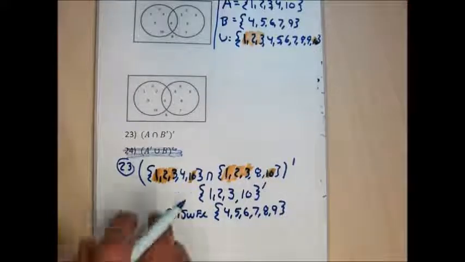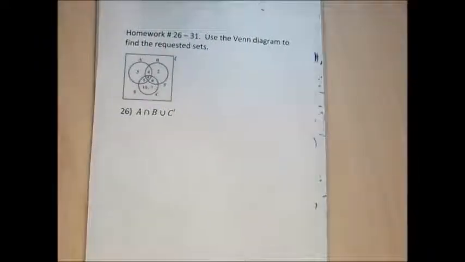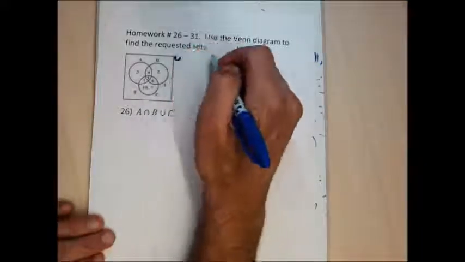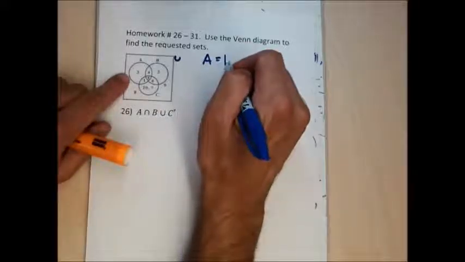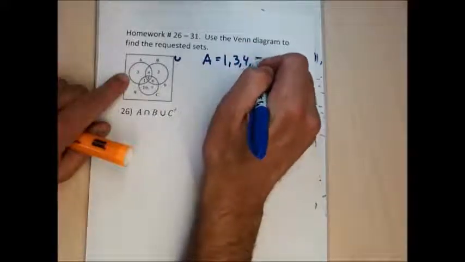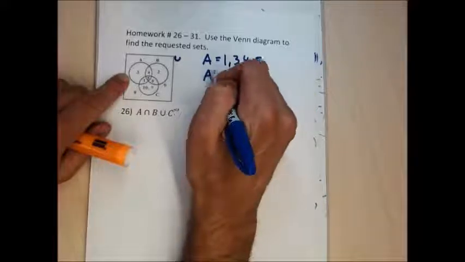All right, now we're moving on to the bigger diagrams, so diagrams that have 3 sets. Let me make up an A, which is 1, 3, 4, and 5. Save myself some room for an A complement in a little bit.